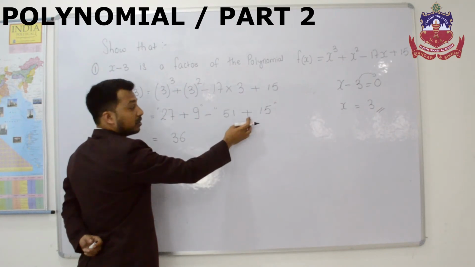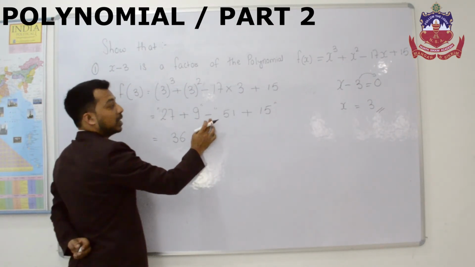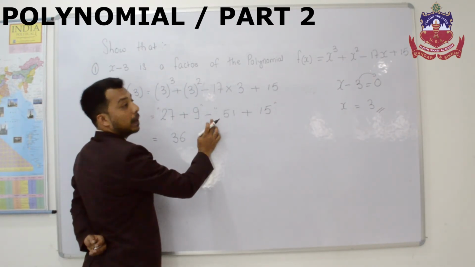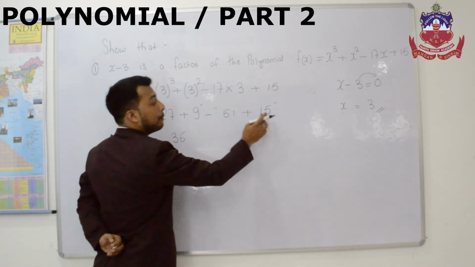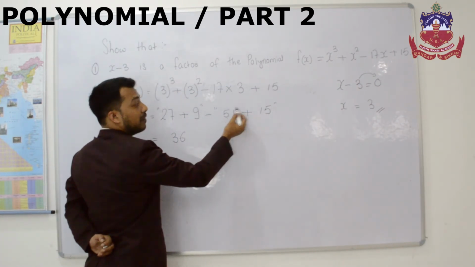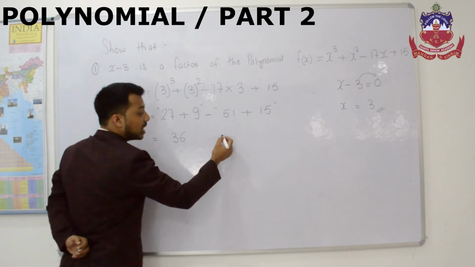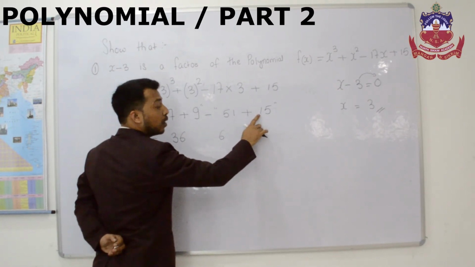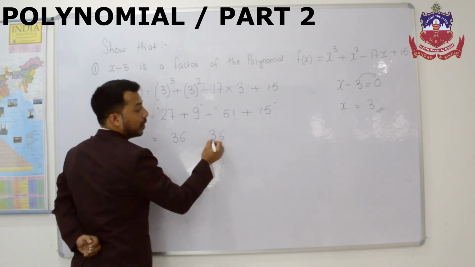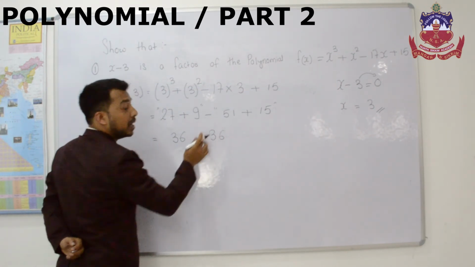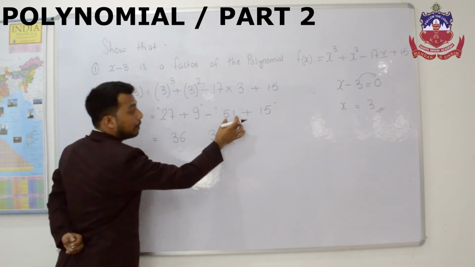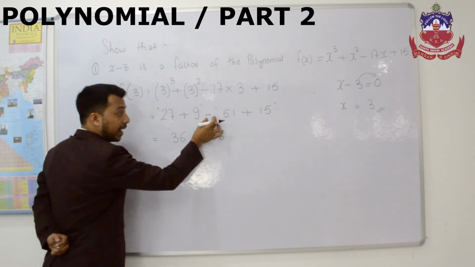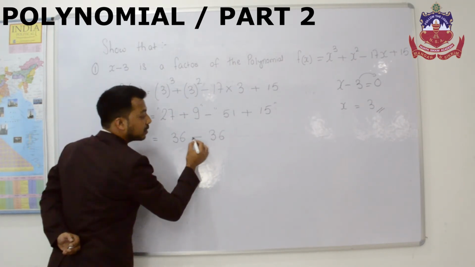This has a positive sign and this has a negative sign. So plus minus will give us minus. So 51 minus 15. That is 11 minus 5 gives us 6. This becomes 4. 4 minus 1 gives us 3. And the sign will be that of the bigger number. So since 51 is a bigger number, we write its sign, that is negative, in front of 36.